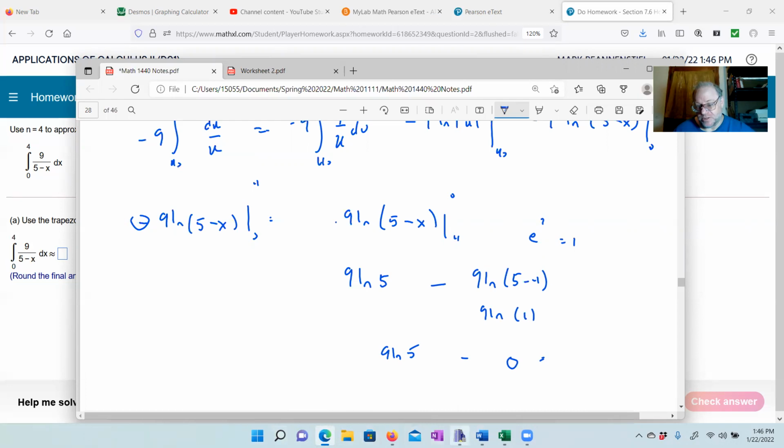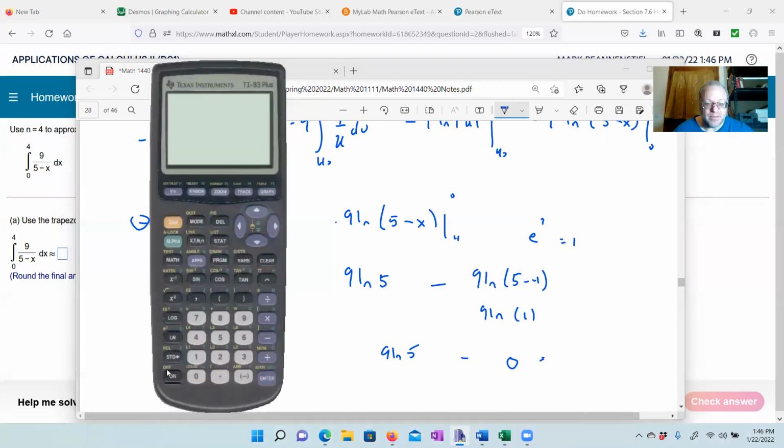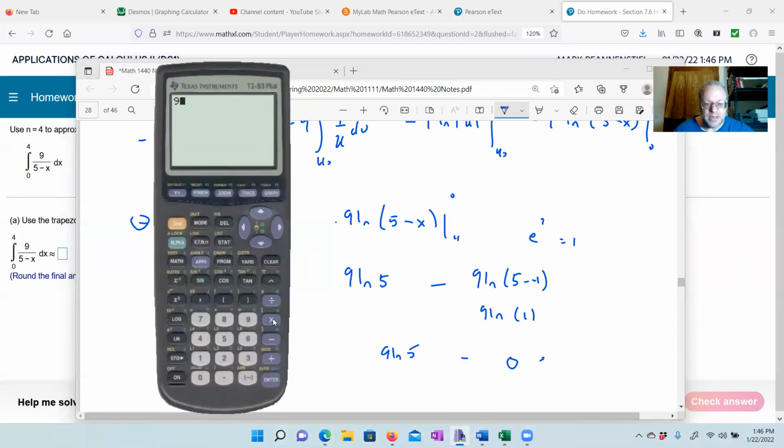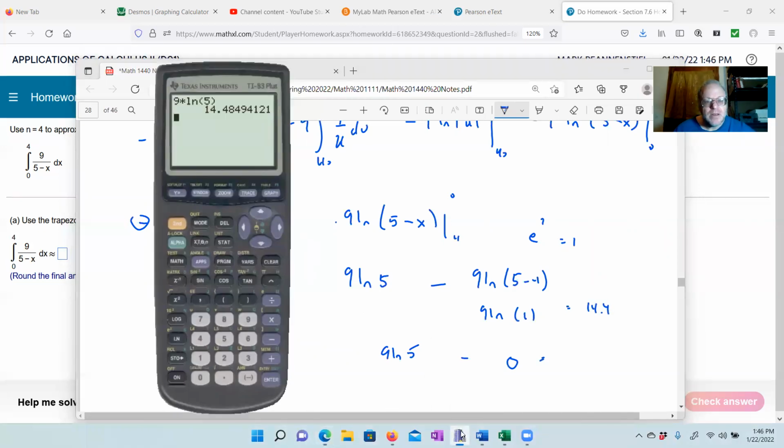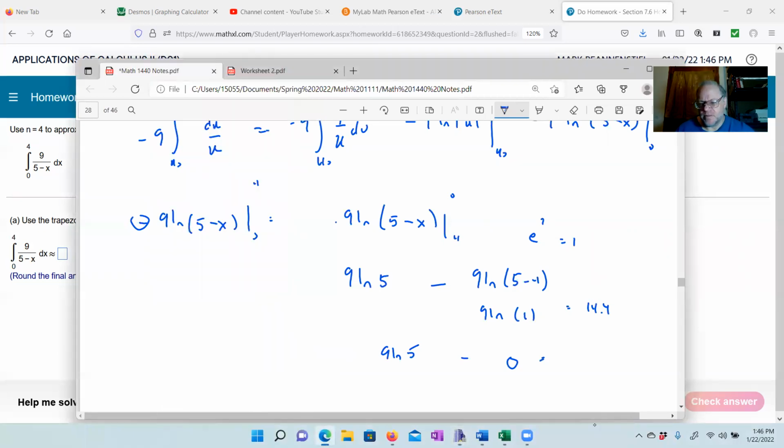So we have 9 times the natural log of 5, and what do we get? 14.485. We went to 3 decimals.